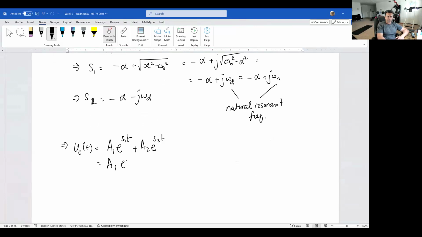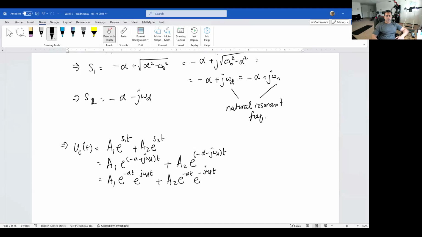If I put negative alpha plus j omega d for S1, and negative alpha minus j omega d for S2, I can simplify this: A1 e to the power negative alpha t e to the power j omega d t, plus A2 e to the power negative alpha t e to the power negative j omega d t.